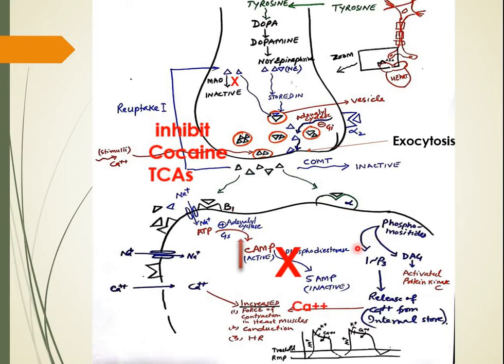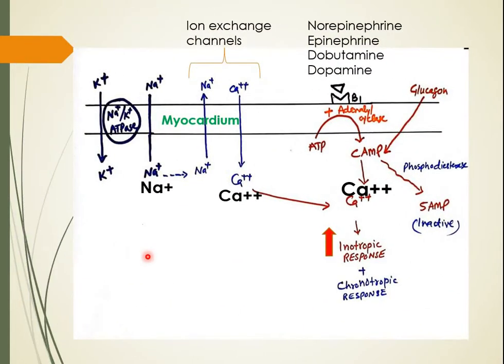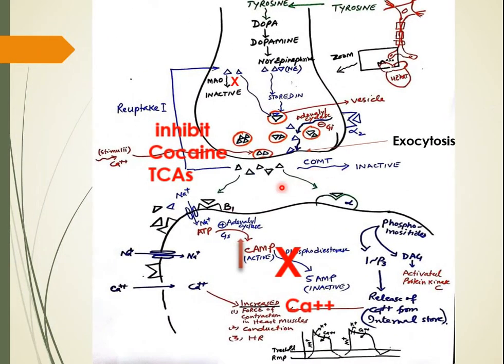Similarly, if we inhibit the phosphodiesterase enzyme here, the cyclic AMP level will be increased, and increasing the cyclic AMP will increase the calcium level.